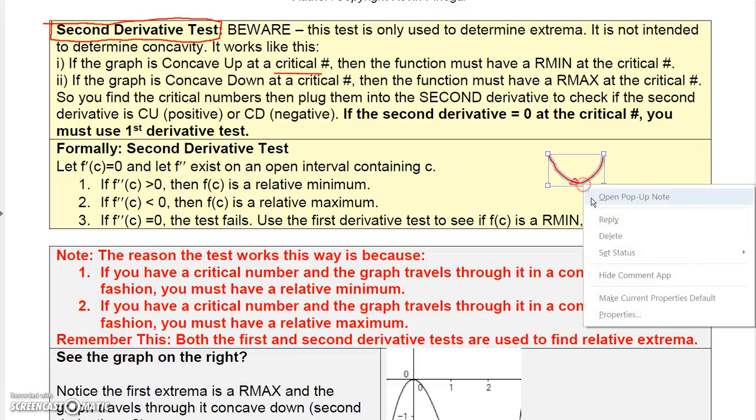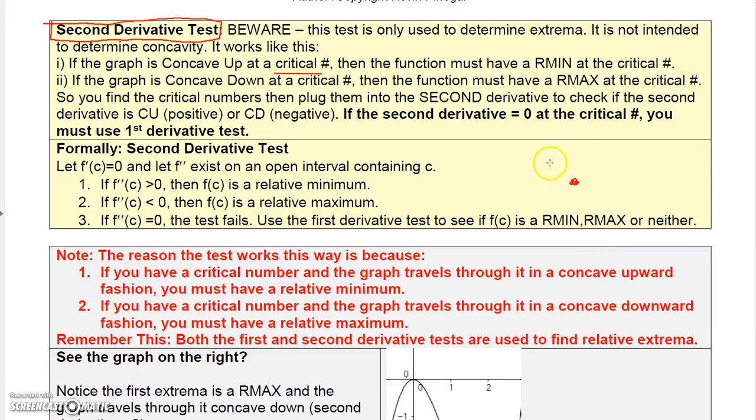There's no other option. And likewise, if the graph goes through there concave down, you've got to get a maximum at that critical number. So basically, that's the geometry behind it.